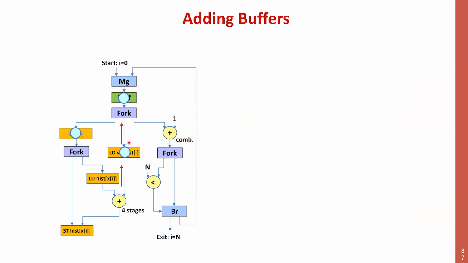Except that what is happening is that there is this guy down here that is saying, I want two operands to do the addition, and I don't have this operand. So it says to this one, okay, keep your token because I don't know what to do about this. And this guy says, okay, fork, don't give me something because I'm still not rid of the previous token. I'm still busy with the previous load.